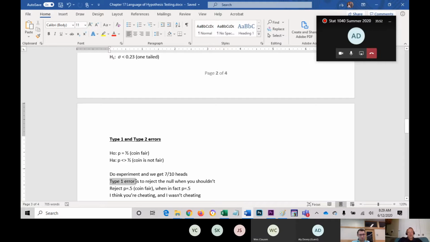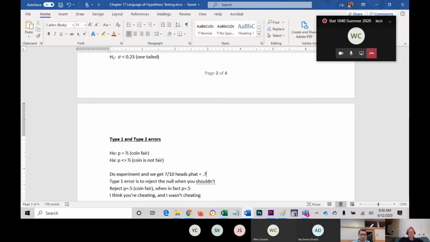So the type 1 error, okay, so remember we say, in this case, the probability of heads is 1/2. Now we got a p hat equals 0.7, right? Now, would you think that 7 out of 10 heads, would that be unusual or not? Not really. Yeah, it's not very unusual, right?